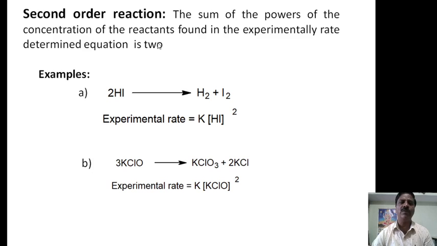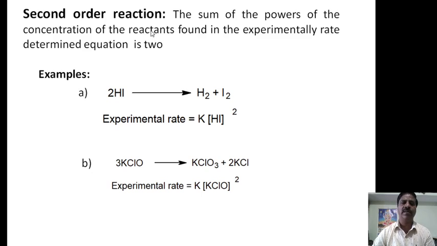Now you already know that the order of the reaction is based on the experimental rate equation. The experimental rate equation is based on the mechanism of the reaction and the number of steps found in the reaction, and the rate is always determined by the slowest step.